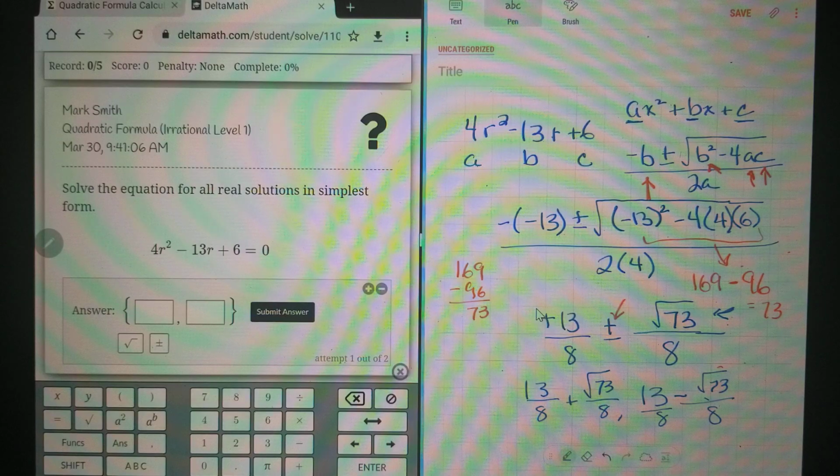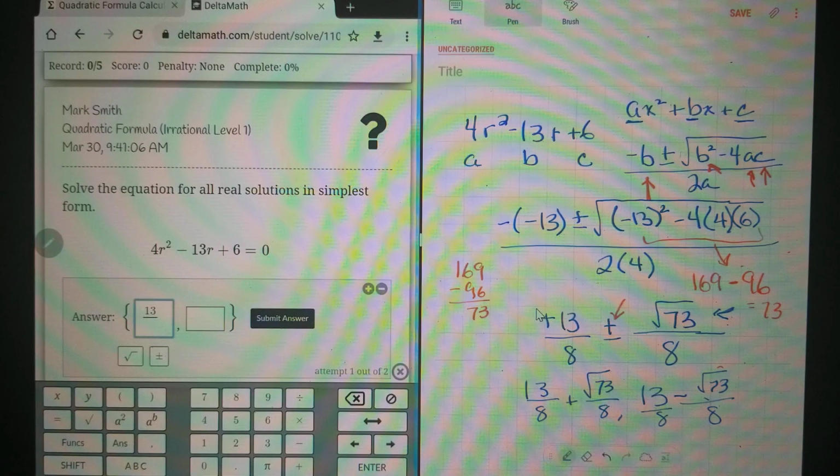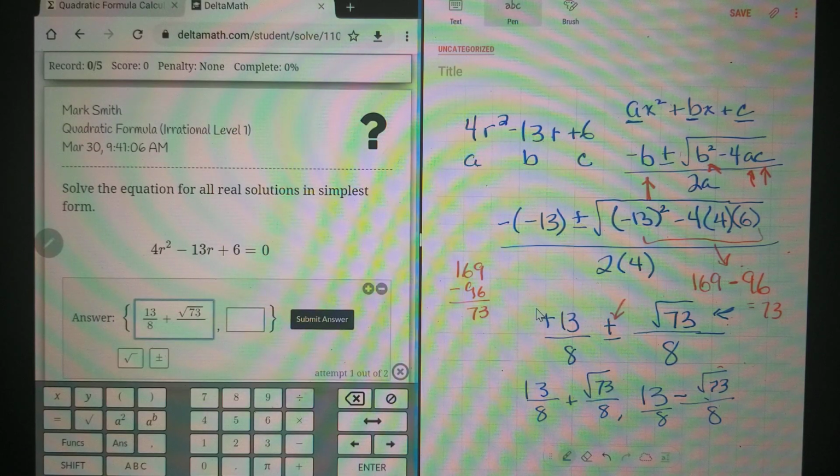So let's go back over here, and I'm going to put in 13 divided, that gives me a fraction, 8, hit the side arrow, plus, and we've got our square root of 73, hit the arrow. Now if I hit divide, it makes it a fraction.